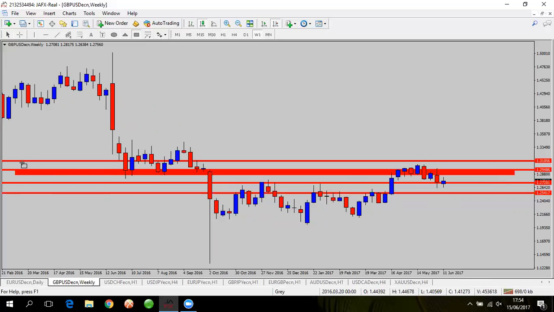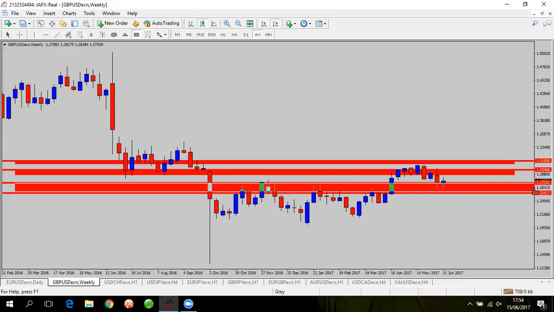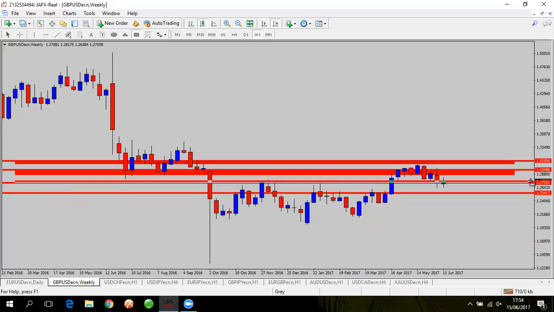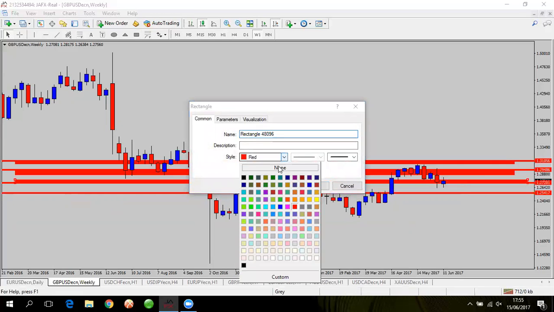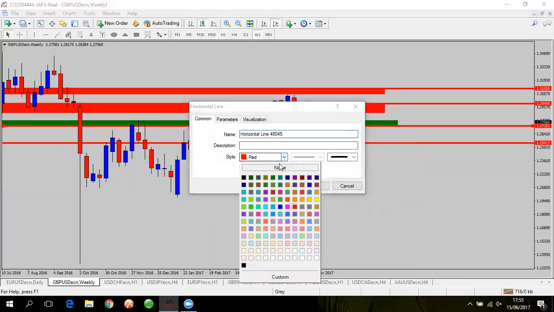Our second one will be, once again, to those wicks in there. And our third one, but not least, is in there. And I'm going to change that to green just to highlight its support and not resistance. Change this to green also.